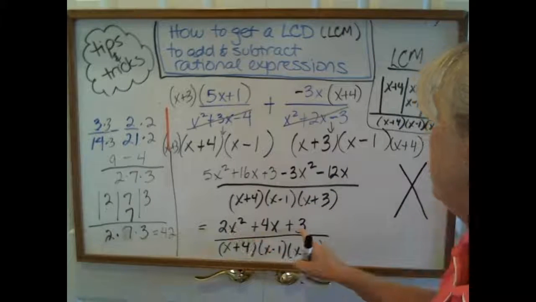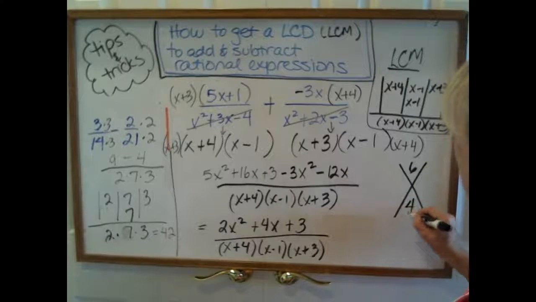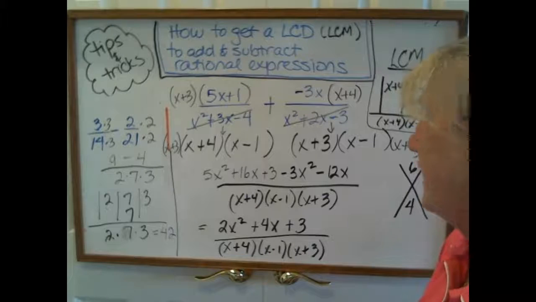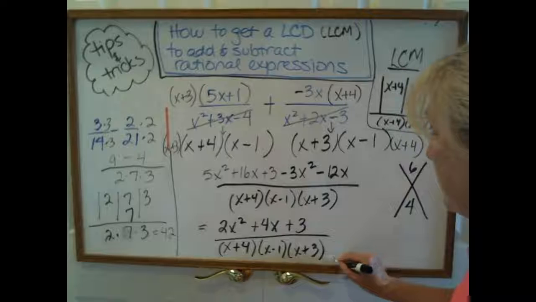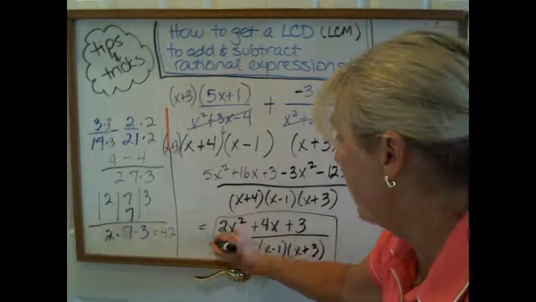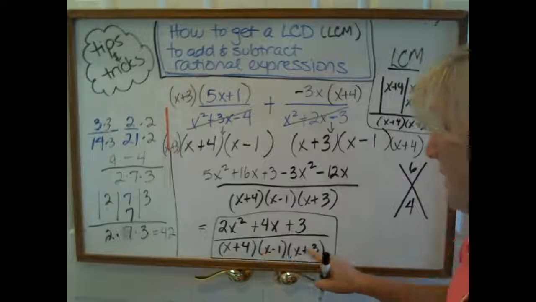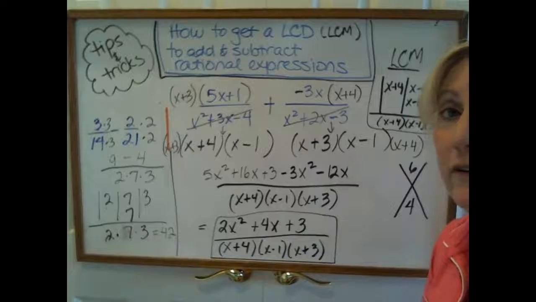We have 2 times 3, which is 6. We want to add it to 4, and there is nothing that works for that. So since this can't factor, especially into one of these common factors, that is our final answer.